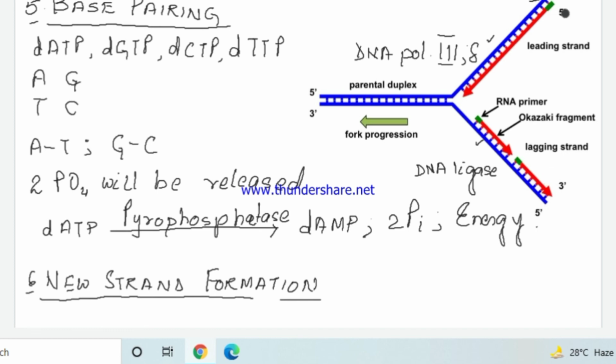In this way, a continuous leading strand is formed and a discontinuous lagging strand of Okazaki fragments is formed, and then they are joined by DNA ligase. So, these are the steps of DNA replication.